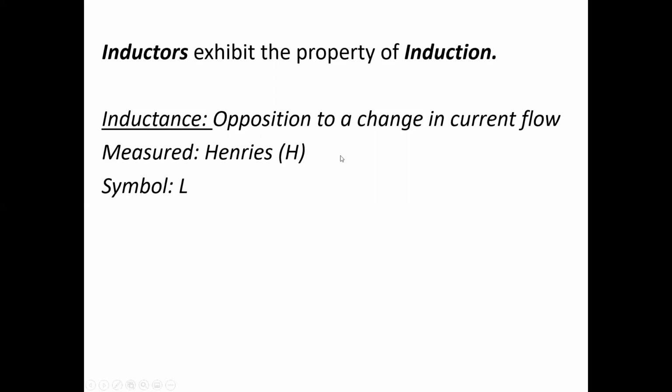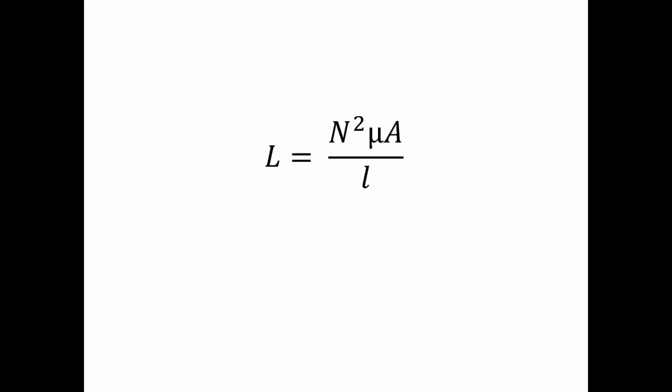Inductance is measured in henries. That's what would be on the nameplate of a coil or inductive coil. And when we have inductance within an electrical equation, or any equation for that matter, it's represented with the letter L.